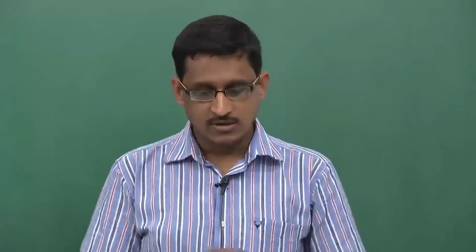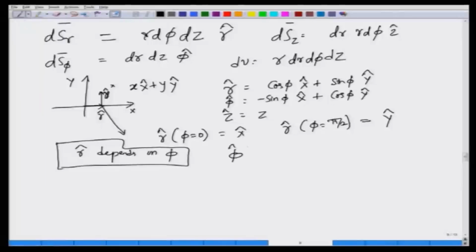Similarly, what will happen to the phi vector? The phi vector at phi equal to 0 will be pointing along the y direction, because cos phi will be equal to 1 at that point. The same phi vector at phi equal to pi by 2 will be pointing along the minus x hat direction. So again the phi vector also depends on phi.